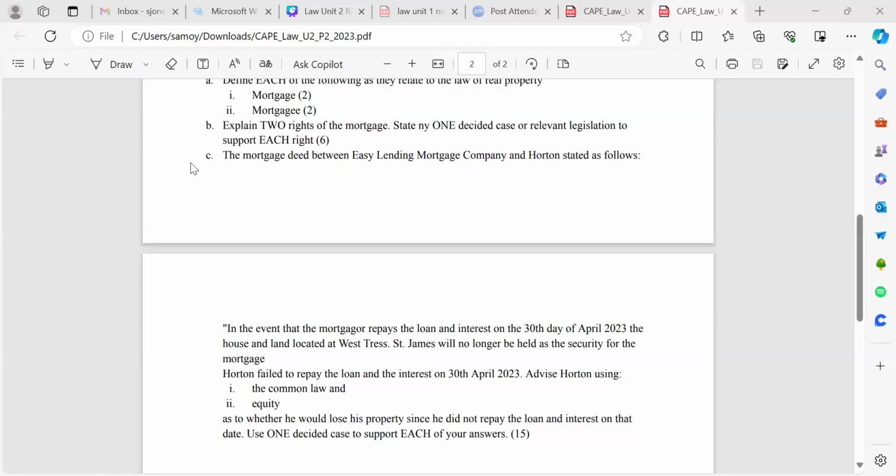In the event that the mortgagor repays the loan and interest on the 30th of April 2023, the house and the land located at West Tres, St. James will no longer be held as the security for the mortgage. Horton failed to repay the loan and the interest on April 30th, 2023. Advise Horton using the common law and the equity as to whether he would lose his property since he did not repay the loan and interest on the date. Use decided cases to support each of your answers.